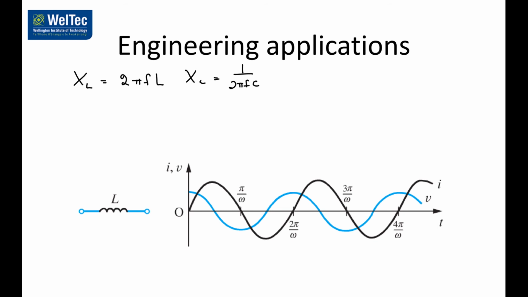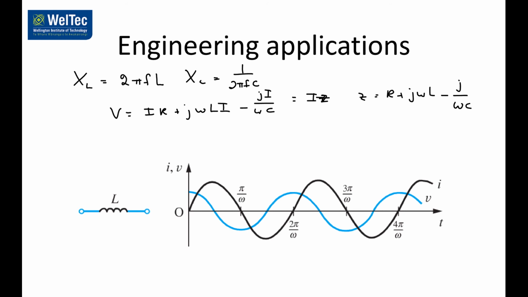And that tells us that V is equal to IR plus J omega L I minus J I over omega C, and that's equal to IZ, and Z is equal to R plus J omega L minus J over omega C, because 1 over J equals negative J.